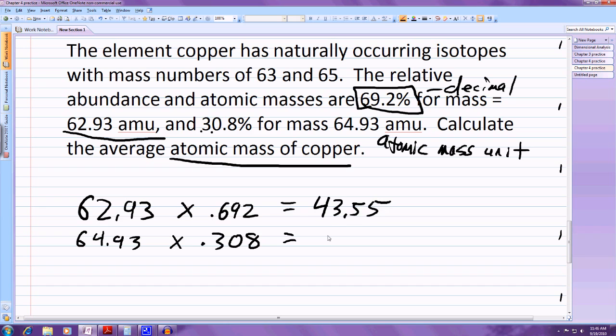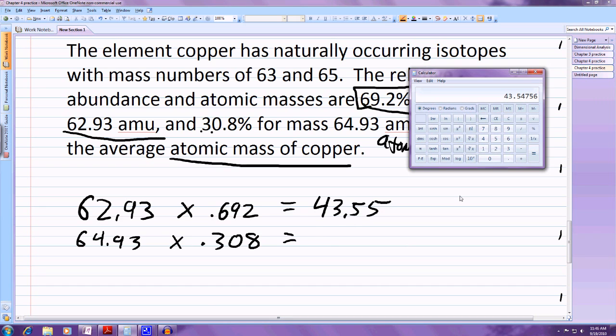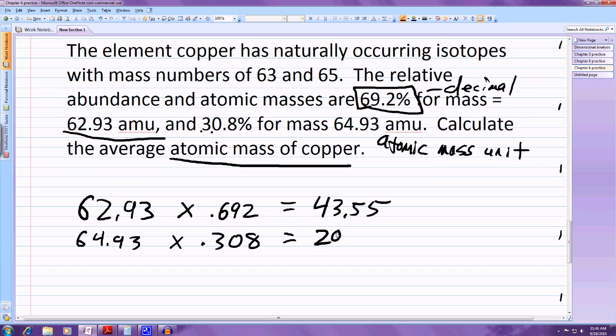Now we solve our next one: 64.93 times 0.308 gives us 19.998, which we round all the way up to 20.00. So we've taken the mass times the percent abundance, and that gives us our weighted average.